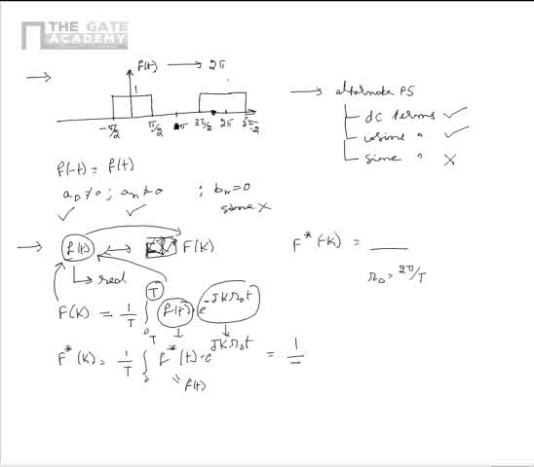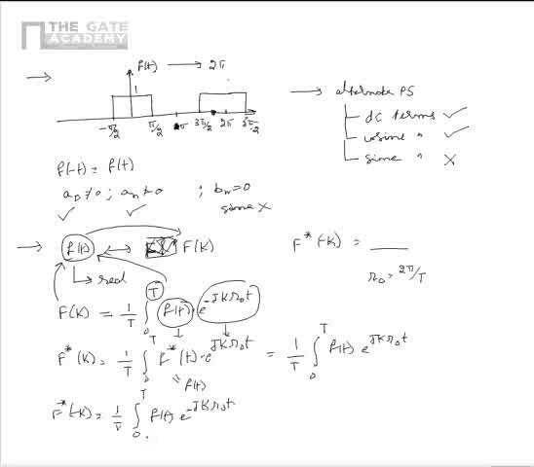From this, we can write that F star of k is equal to 1 by T integral 0 to T f of t e power jk omega naught t. From this, we can write that F star of minus k is equal to 1 by T integral 0 to T f of t e power minus jk omega naught t.